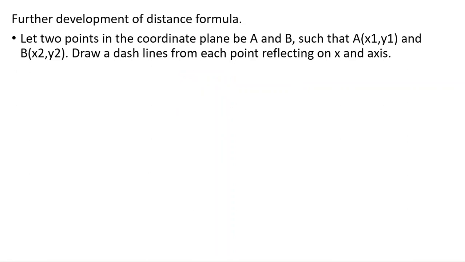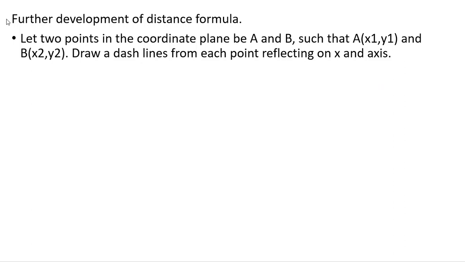At this point, let 2 points in the coordinate plane be A and B, such that A is (x1, y1) and B is (x2, y2), and we're going to draw a dashed line from each point to reflect on the x and y axes.